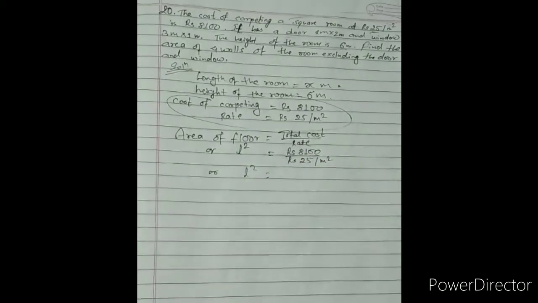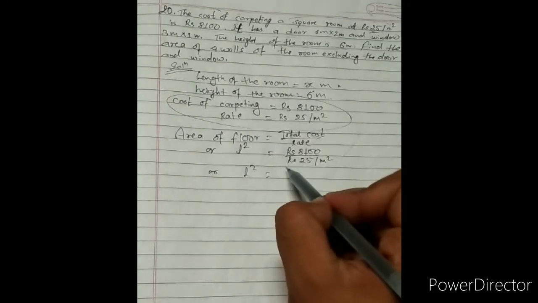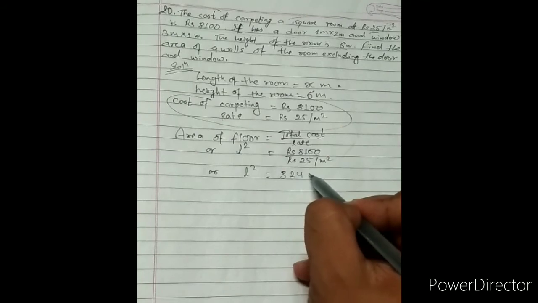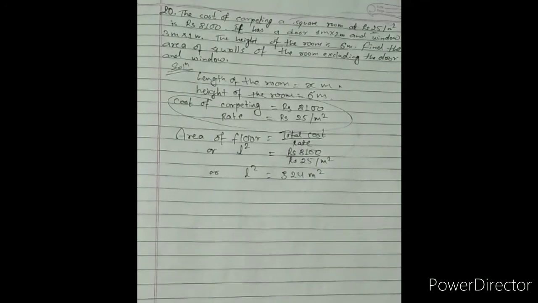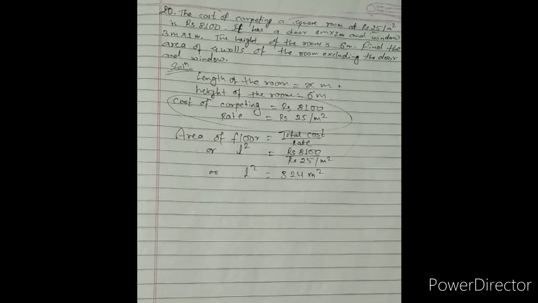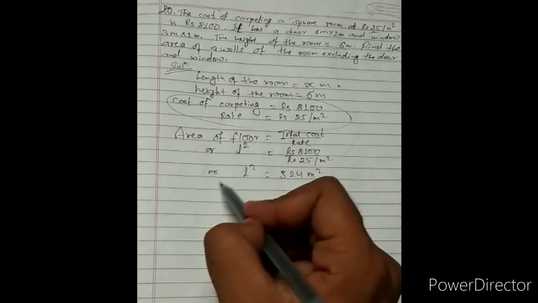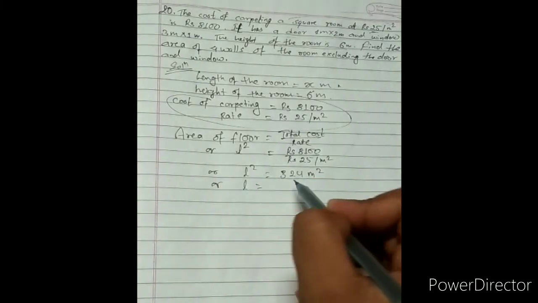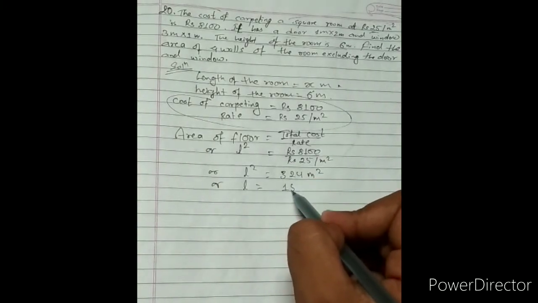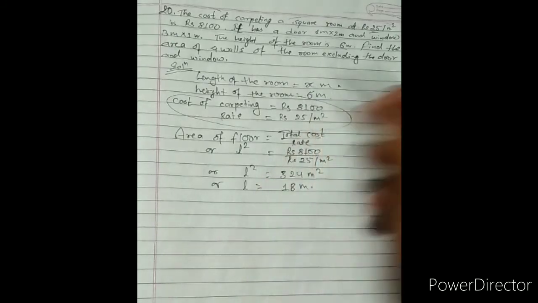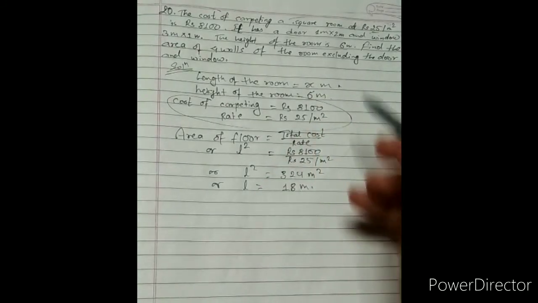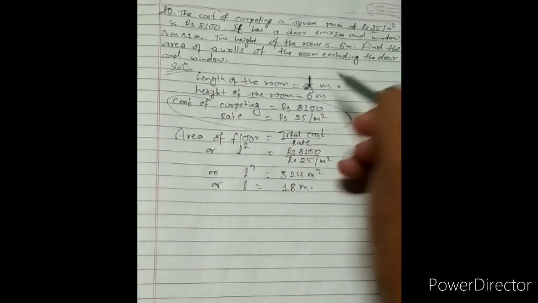L square equals 8100 divided by 25, 324 meter square. So what will be the length? Length is square root of this, 18 meter, so x is 18 meter we can write, or we can leave this L, why write x.